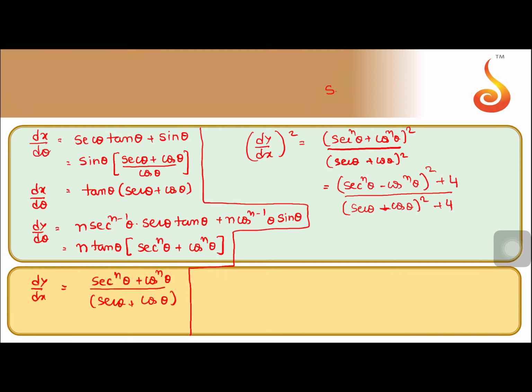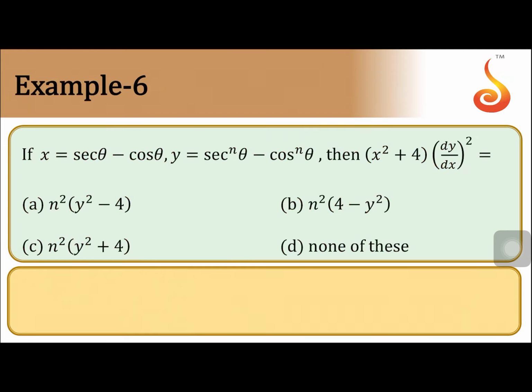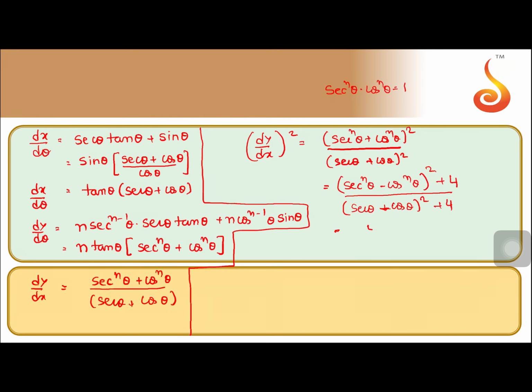Secant to the power n theta into cos to the power n theta is nothing but 1. So what we observe is that secant to the power n theta minus cos to the power n theta was y. So we get y square plus 4 by x square plus 4 is equal to dy by dx whole square. So that was the trick in this.